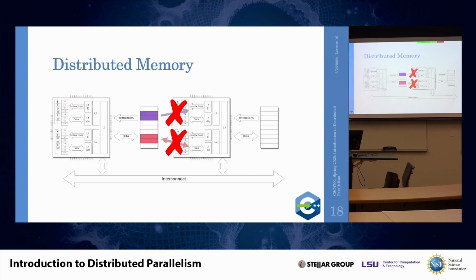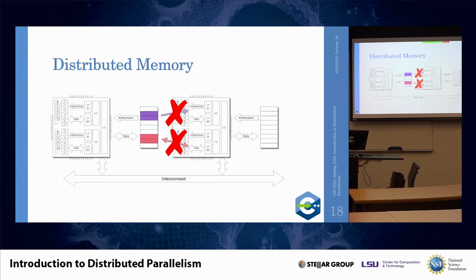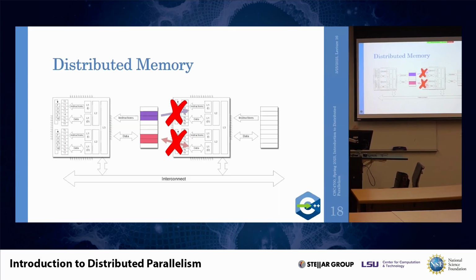So if caches have a latency of about 20 nanoseconds, local DRAM has access times of about 100 nanoseconds. RDMA, remote direct memory access over the network, when you want to read a byte from a different node, takes about a microsecond. So it's not feasible if you want to do that on a large scale.